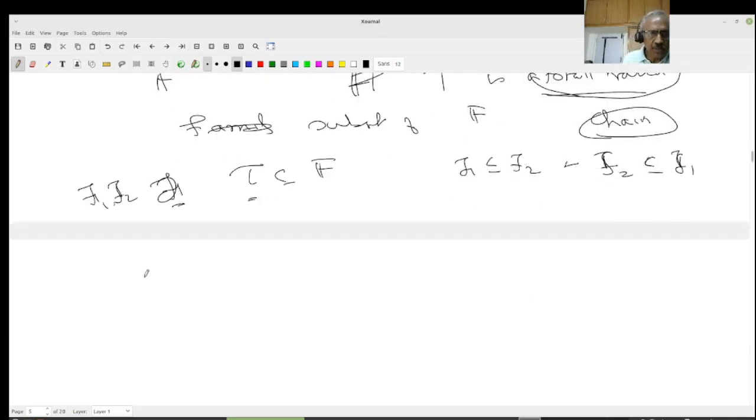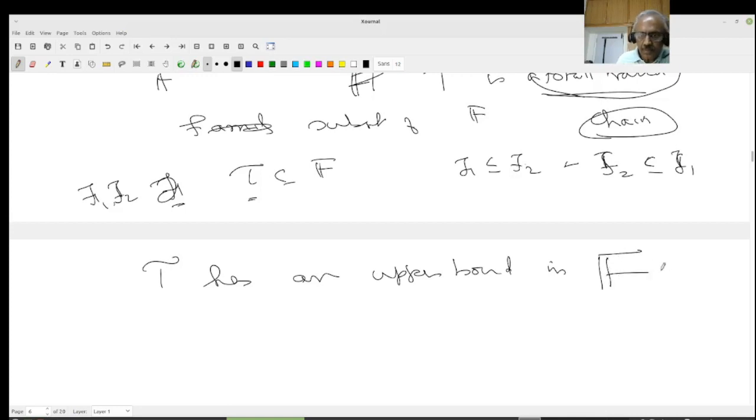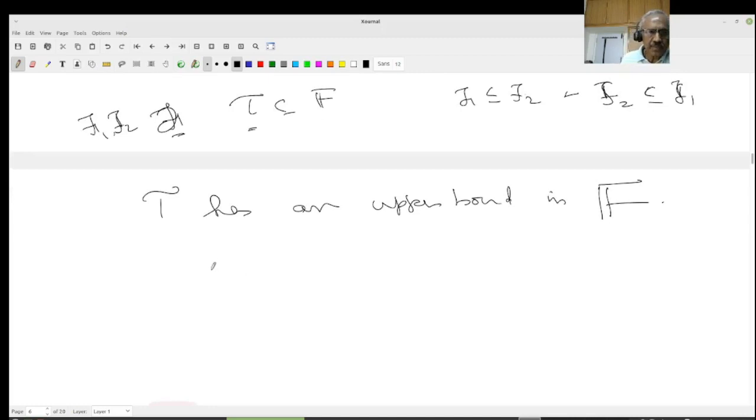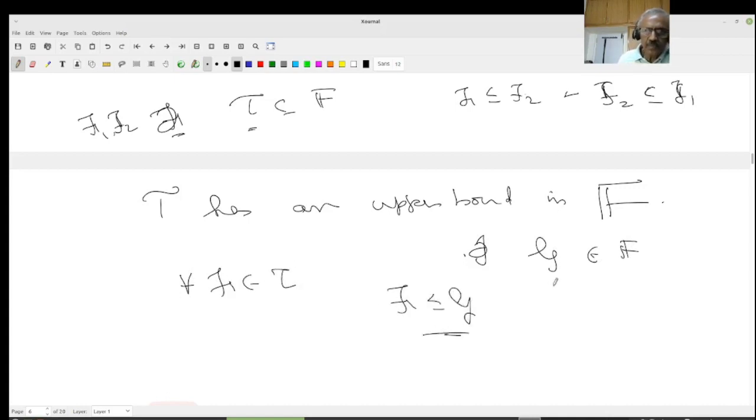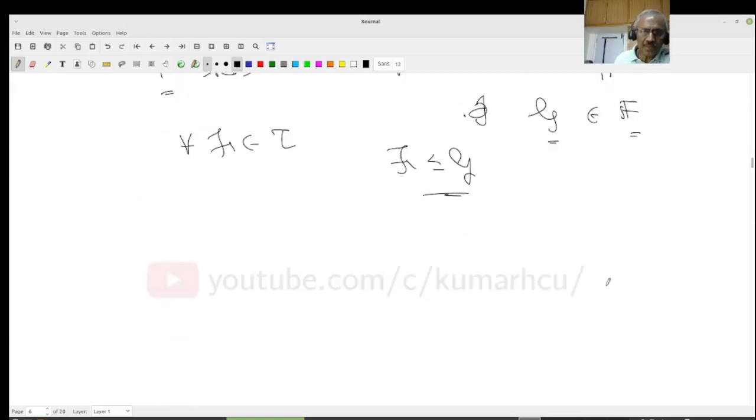Then what do I have to prove? I have to prove this tau has an upper bound in my family script F. That means there exists some G in script F so that for every F in tau, F is less than or equal to G. Notice that G may not be in tau, but it is in the given family.